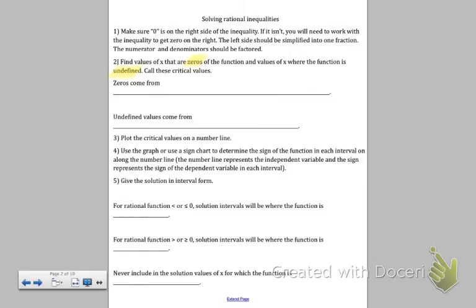Now, just to simplify things a little bit, zeros come from values that make your numerator 0. Okay. Your undefined values are going to come from values that make your denominator equal to 0.